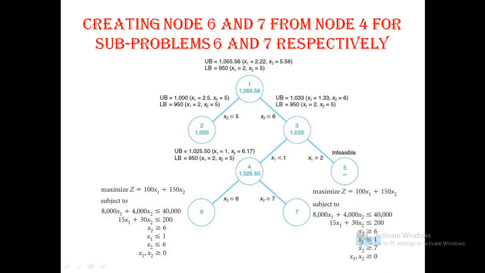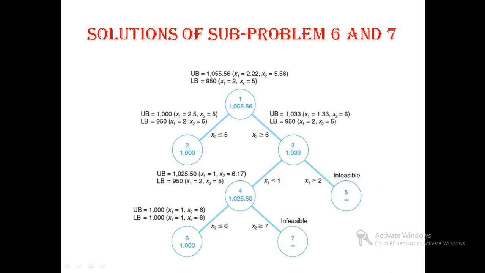Now solve subproblem 6 and subproblem 7 by using the graphical method or simplex method or any other traditional method like earlier. Subproblem 7 has no feasible solution, so we will leave it, and subproblem 6 has a feasible solution which also gives integer values: x1 = 1 and x2 = 6.